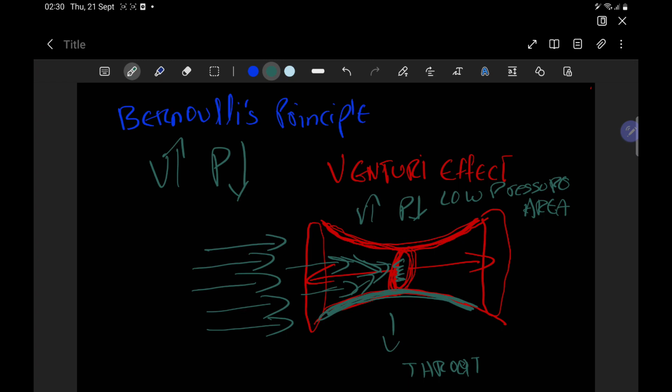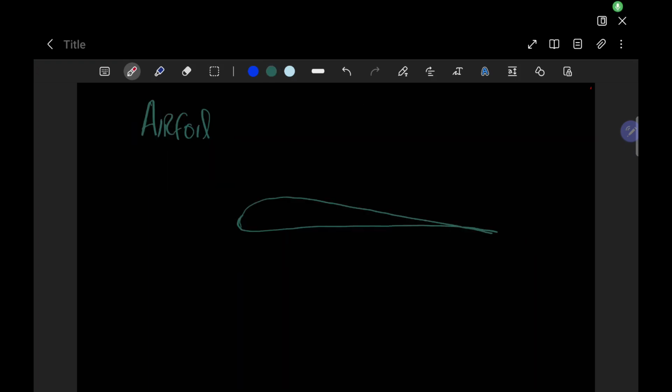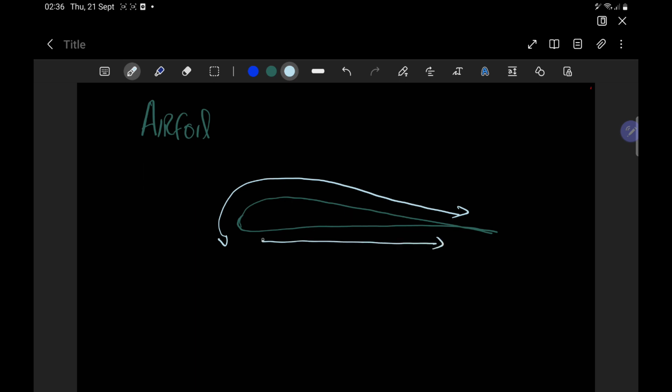Now let's see how this example can help us generate lift. So we have an airfoil, and we can see it is a positively cambered wing. We can see that we have much more curvature on top of the wing than at the bottom of the wing.